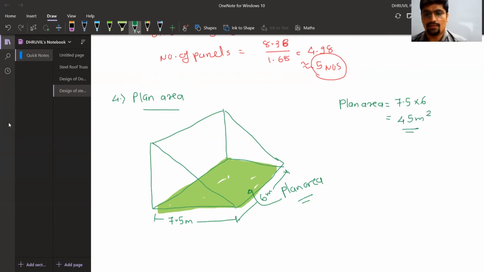And the fifth portion is slope area. Let me explain what the slope area is.